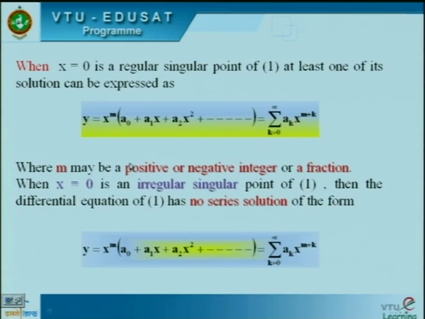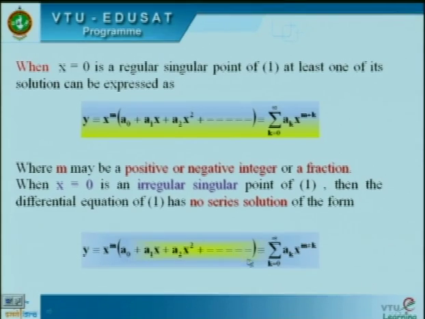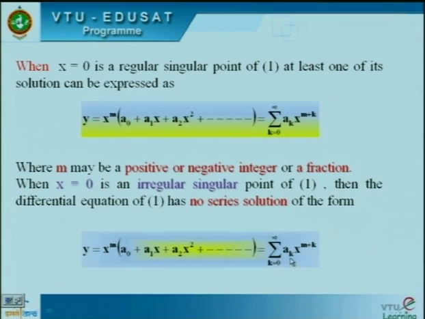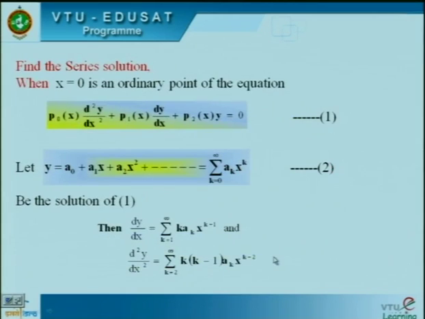It means I am unable to find the series solution of this form, that is y is equal to x to the power m times (a naught plus a1 x plus a2 x square and so on), or you can write down summation of ak x to the power m plus k, k varies from 0 to infinity, right.